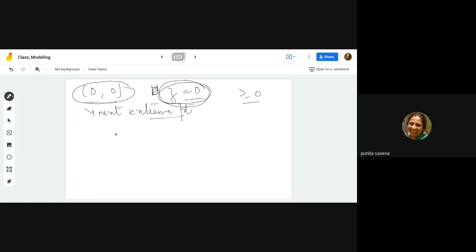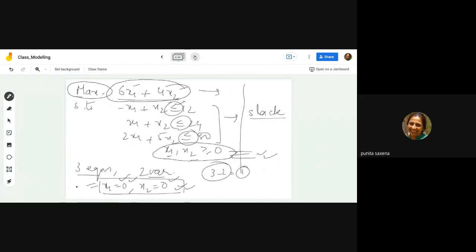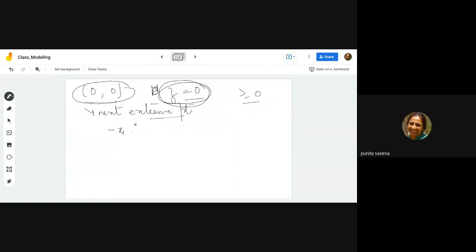Your first constraint is this only, na? Let me go back. Minus x1 plus x2 less than or equal to 12. x1 plus x2 less than or equal to 24. 2x1 plus 5x2 less than or equal to 80.